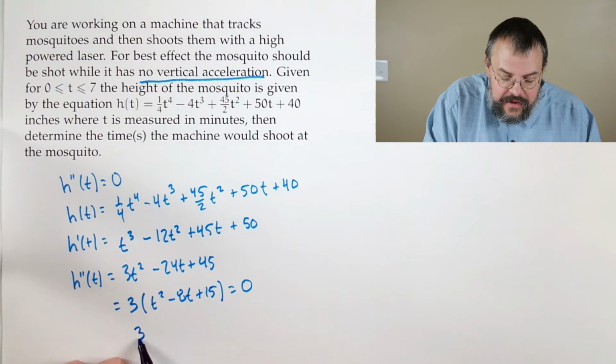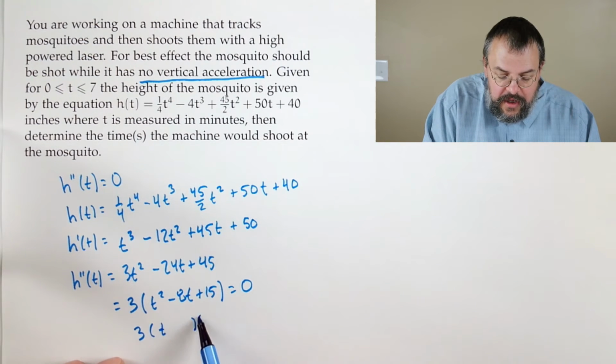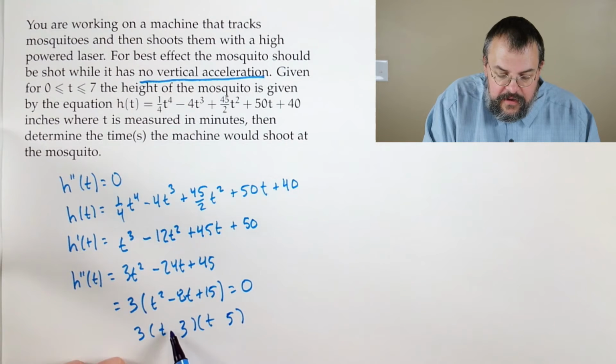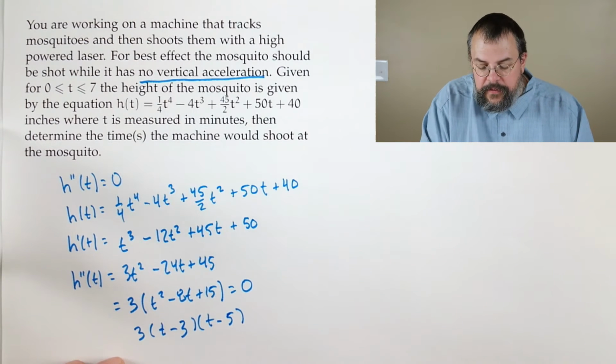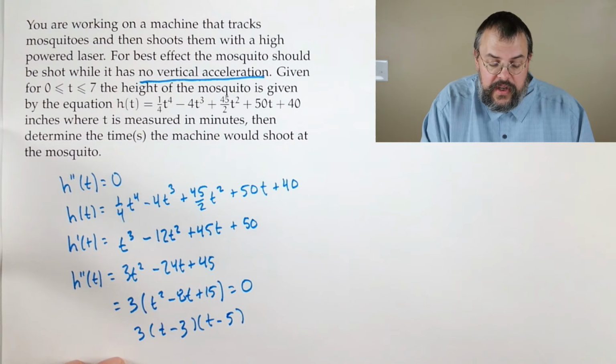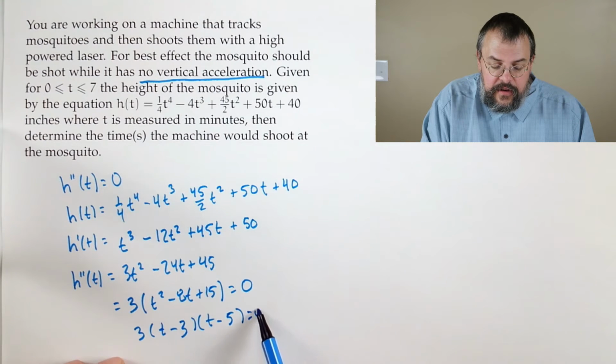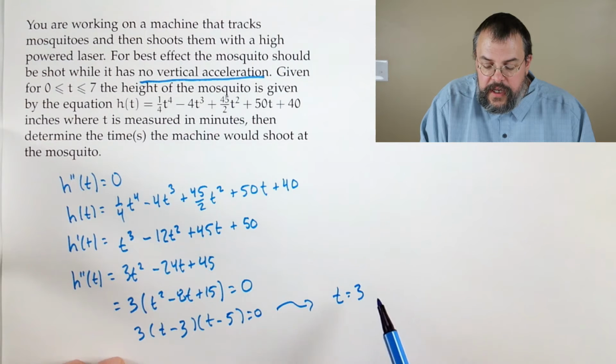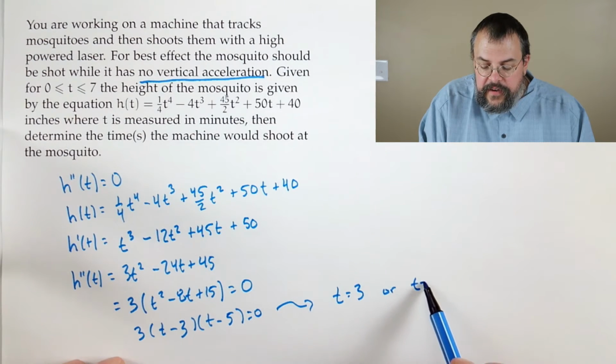Well, we need two things that multiply to 15 and add to 8. That's actually pretty good, 3 and 5. They're both negative because we want that minus 8t. So again, that's equal to 0. That leads us to two candidates, 3 or 5.